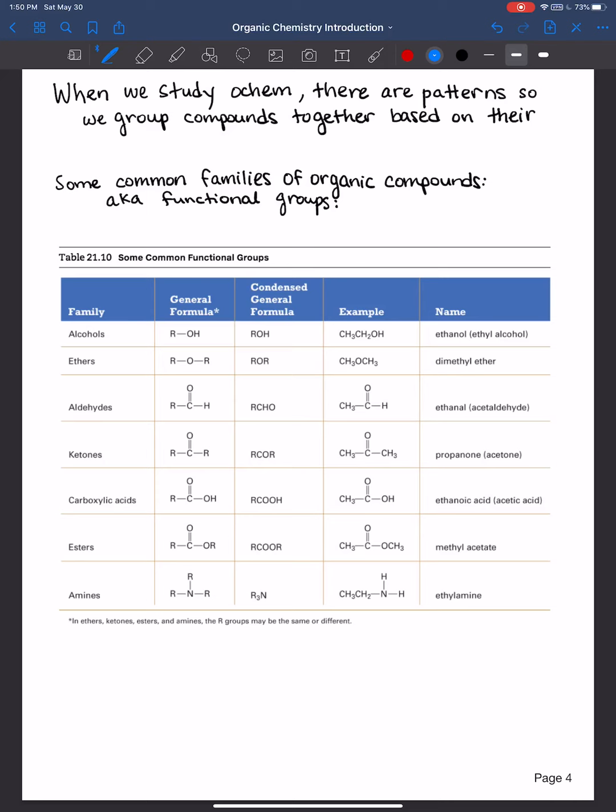Everyone, welcome back. In this video, we will look into the different types of functional groups in organic chemistry that are very common, as well as different ways to represent organic molecules. So, when we study OChem, there are patterns. So, we group compounds together based on their structure-property relationships.